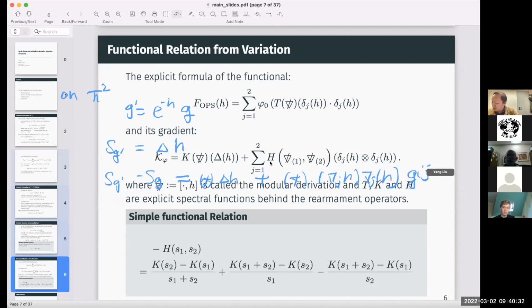I think Connes and Moscovici's papers give many explicit computations showing that these functions k and h, this modular part of the curvature, have a huge influence on geometry.